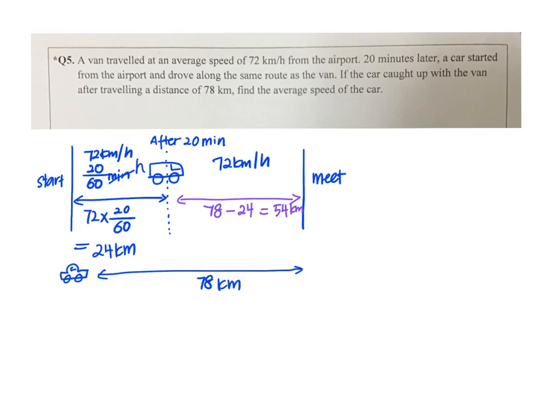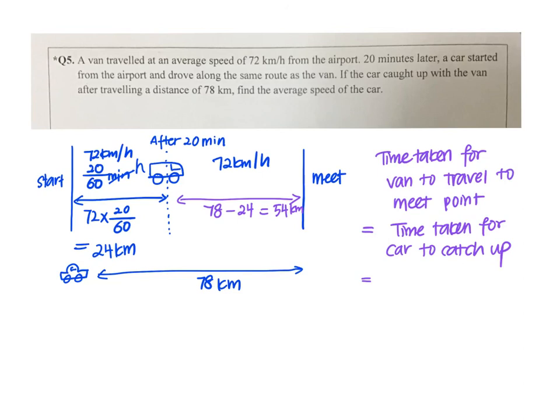From here, I can find out the time taken. Now, this time taken itself will be the time taken for the van to travel to the meeting point. It's also equal to the time taken for the car to catch up with the van. So this time taken will be the distance, 54 kilometers, divided by the speed, 72 kilometers per hour. We get 3/4 of an hour.